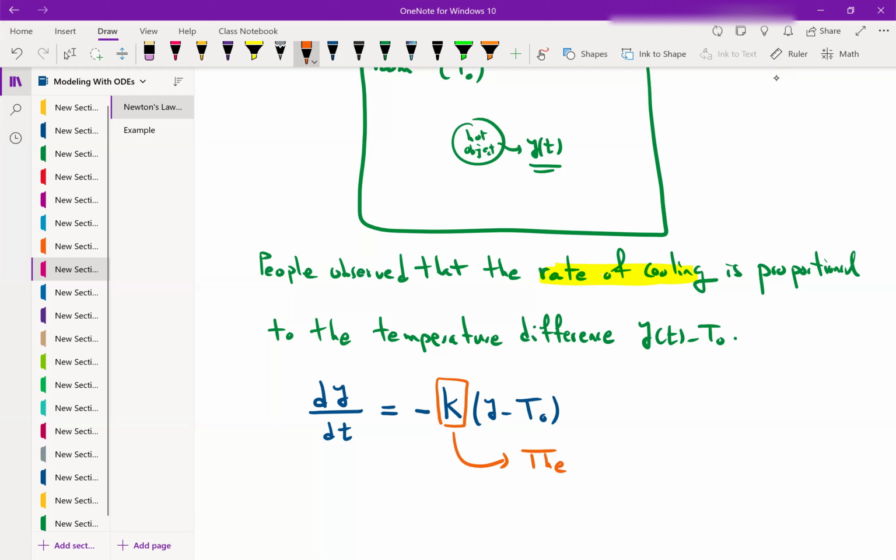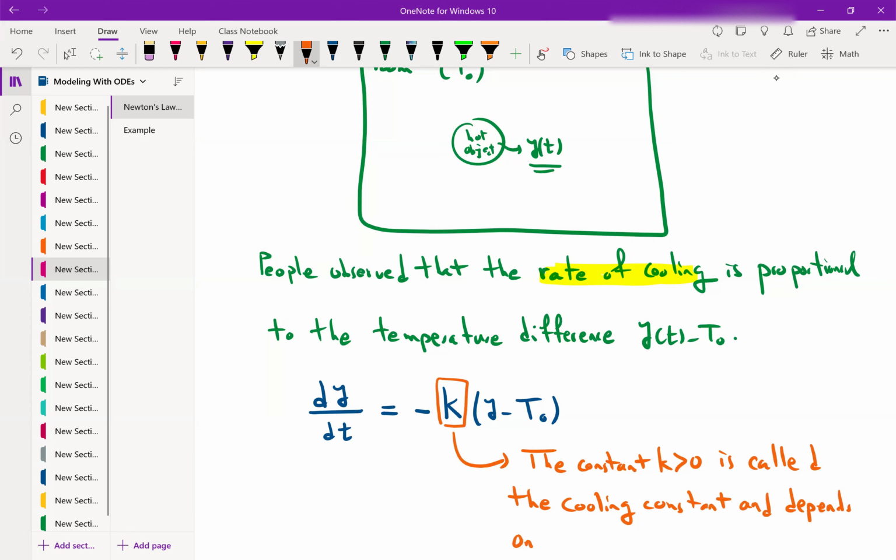The constant k greater than 0 is called the cooling constant, and it depends on the physical properties of our coffee mug.